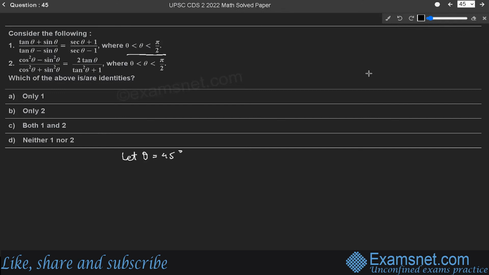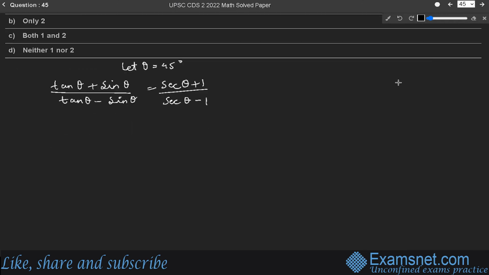Now let us see the first statement, which is tan theta plus sin theta upon tan theta minus sin theta is equal to sec theta plus 1 upon sec theta minus 1. Now let us keep theta equal to 45 in both the sides.